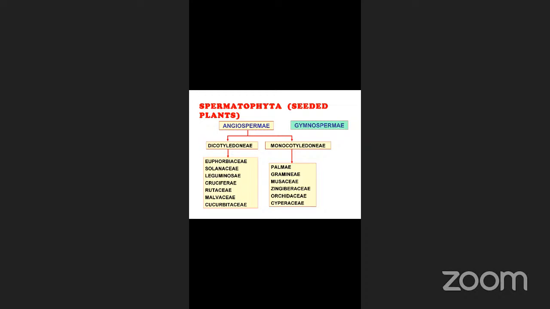Next, families with alternate names are also there, that is traditional and new names. For example, Cruciferae, the alternate or new name is Brassicaceae.